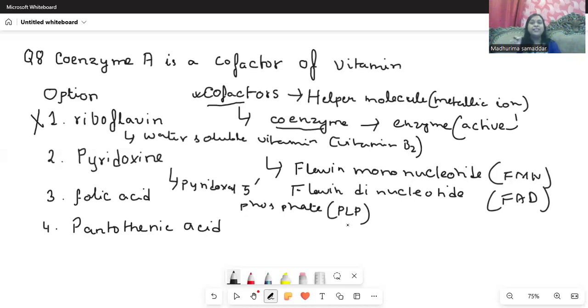But here we can see the cofactor is pyridoxal 5' phosphate, not coenzyme A. So this option is also wrong.